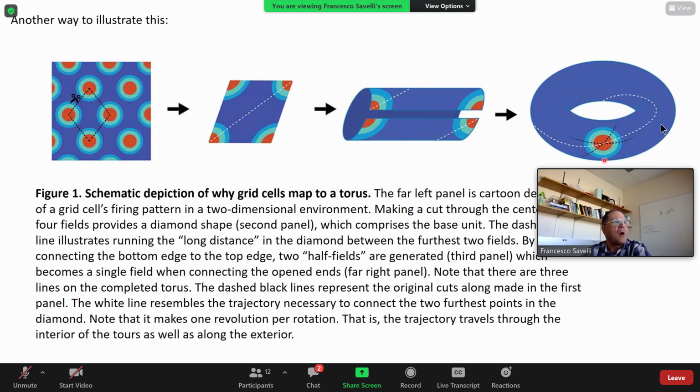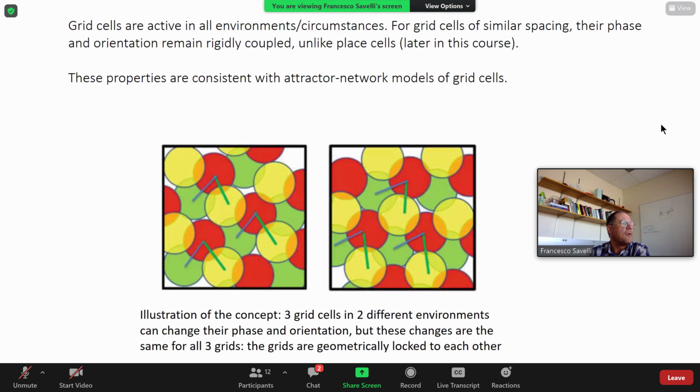So it's going to go around the donut, but also around the section of the donut. So that is why the torus has to be twisted if you want to map linear movements of the animal over a twisted trajectory like this, right? So it's just a different way to look at this, if it helps you.